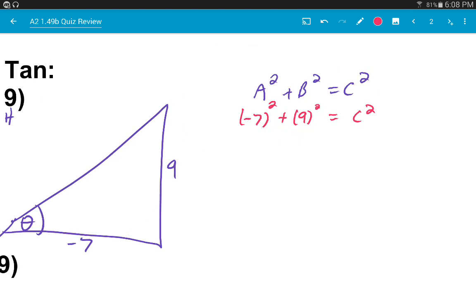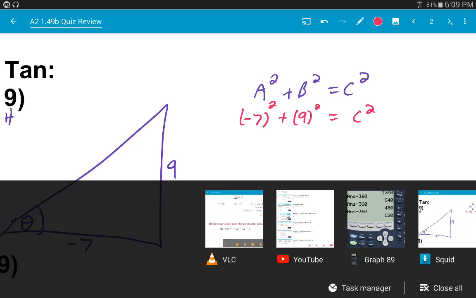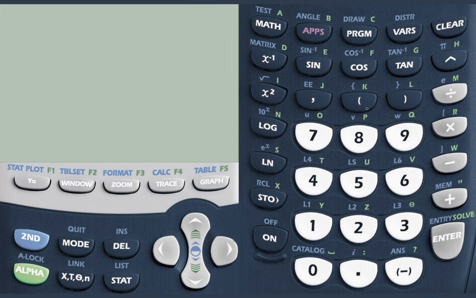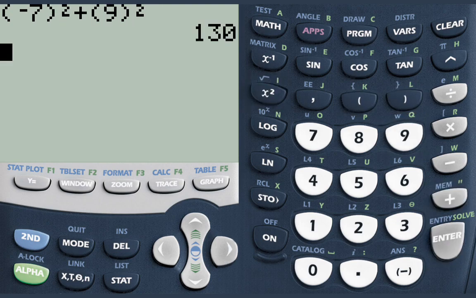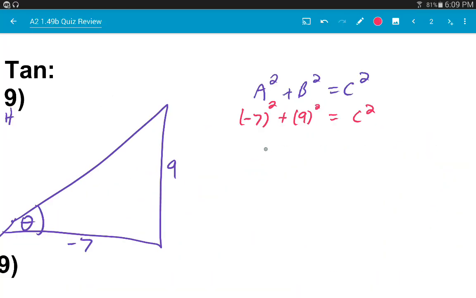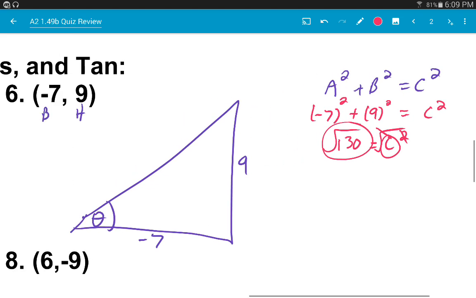I can do it by hand, sure, 49 and 81, but I'm going to do it in the calculator just for any of you calculator folk. Negative 7 squared plus 9 squared, that's 130. So I get 130 is equal to c squared, and I square root both sides to get rid of the square. So c is equal to the square root of 130. So that's what this side length here is.